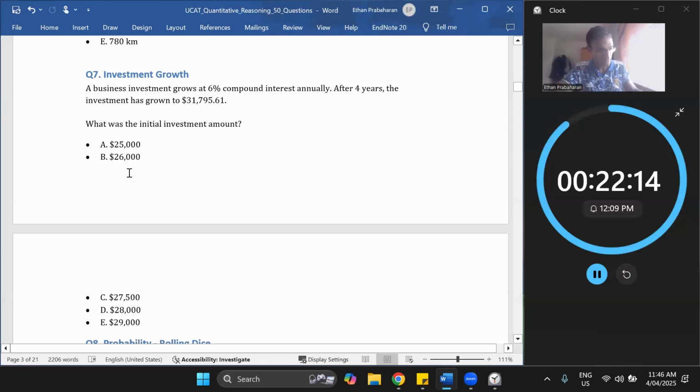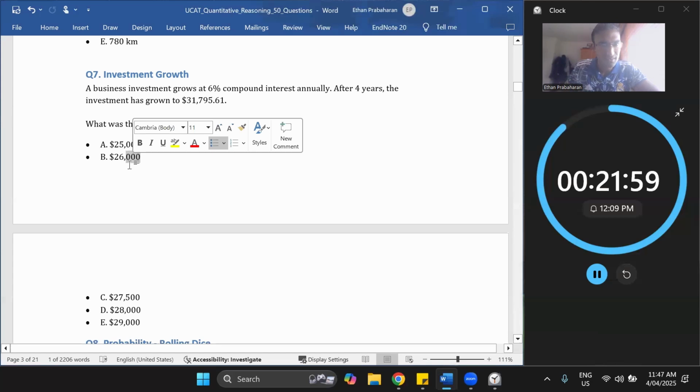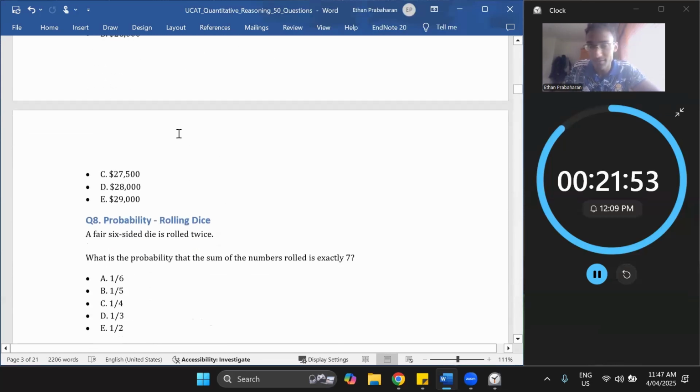So 6% would be 1,560. 1,560 times 4 is 6,240. Is that too big? Let's just go with A. I don't know that, and I'm not going to be able to work that out. So if I had spare time, I'd come back to that.